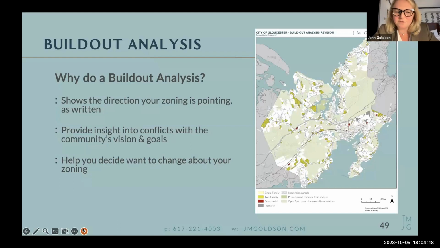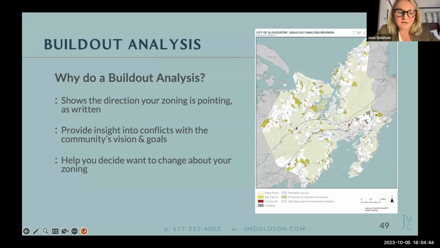If you look at what your vision and goals are that come out of this next phase, does what zoning is allowing to be developed conflict in any way with what your community hopes will be developed in the future, or hopes will be preserved in the future? And so it really provides insights. Are there conflicts between what our zoning policies say and what we want to see in the community?